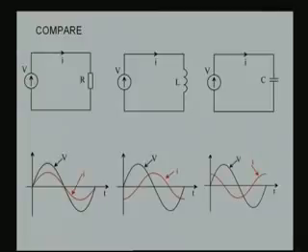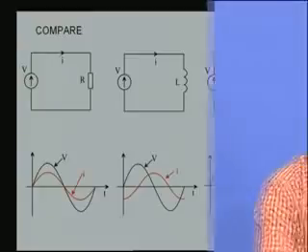Currents are all in red in color as usual, and you see that the current for the resistive load is in phase with the voltage, the current for the inductive is lagging the voltage, and the current for the capacitive is leading the voltage. Why have I taken only these three types of loads?